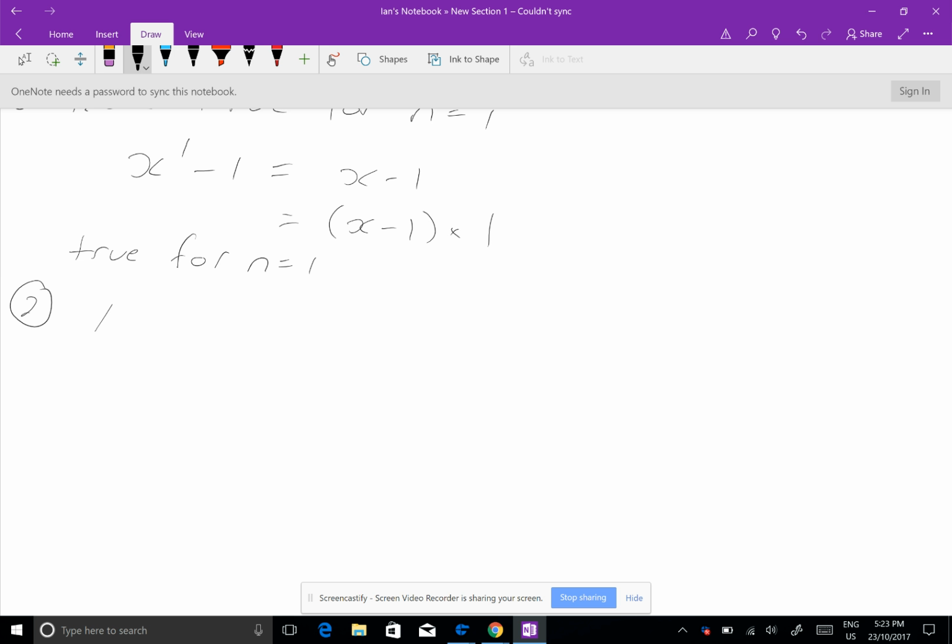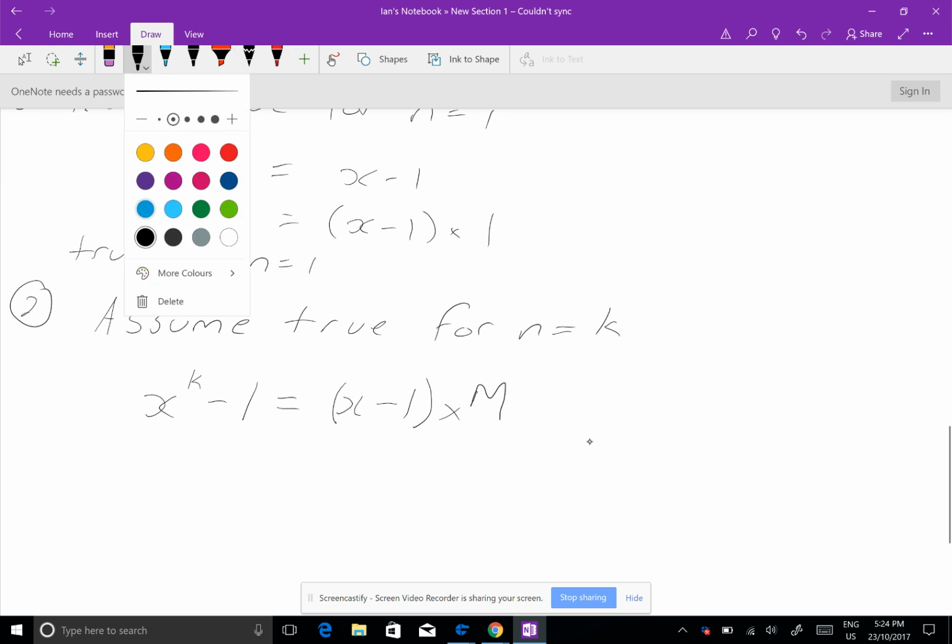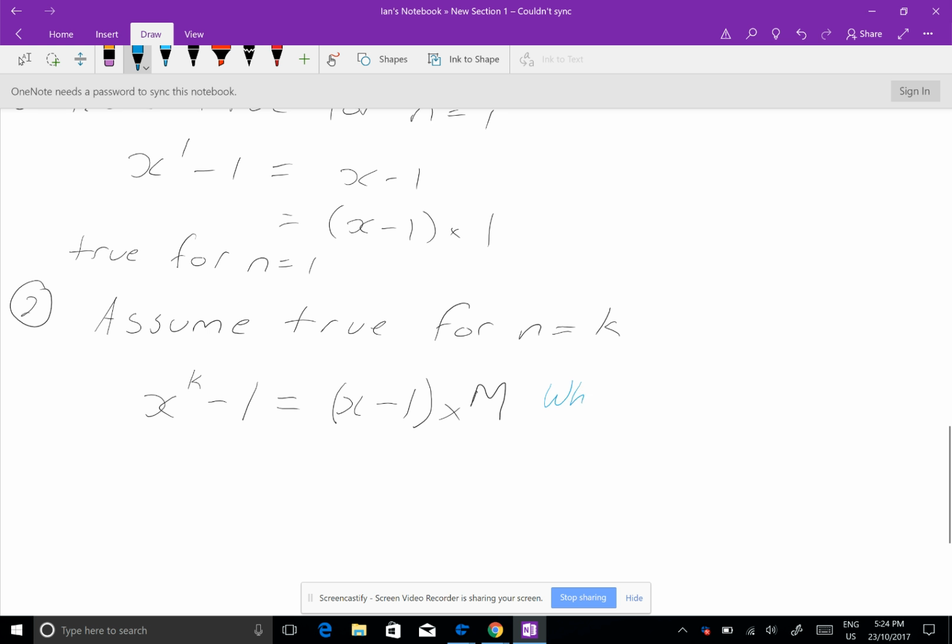2. Assume true for n equals k. Well, x to the k minus 1 equals x minus 1 times m, where m is an integer.